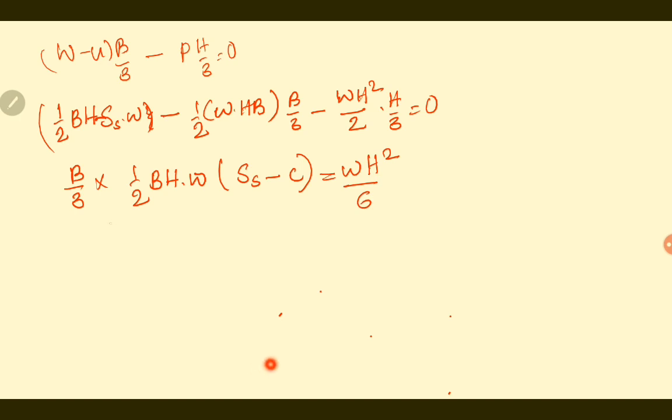So the equation becomes B square into S S minus C, isn't it? W will get cancelled, H and H will get cancelled.